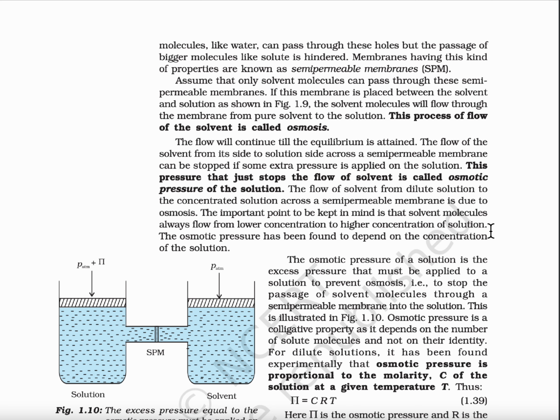Do not get confused. So there are three definitions for osmosis, as I told you: from its side to solution side across semi-permeable membrane, or from dilute solution to concentrated solution across a semi-permeable membrane, or from lower concentration to higher concentration of solution through semi-permeable membrane. All these are osmosis. The osmotic pressure has been found to depend on the concentration of the solution.